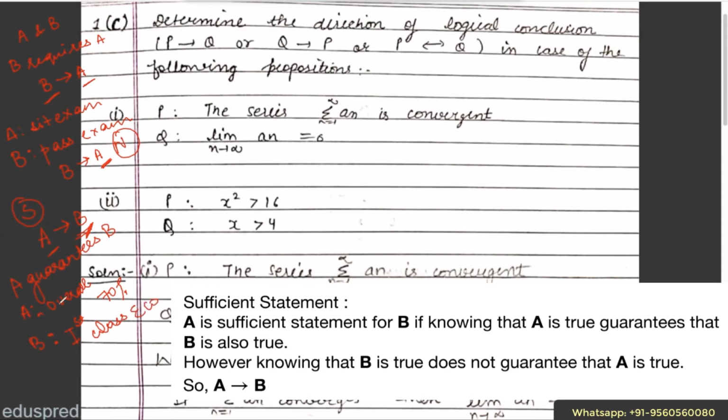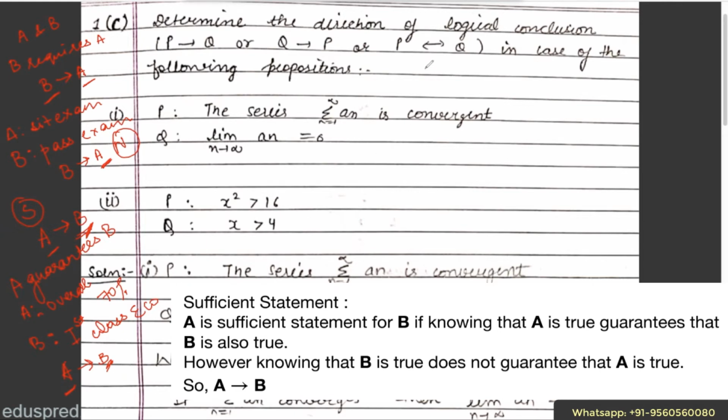Now, achieving an overall percentage of 70% in all your modules that you have studied in your degree means that you will get first class in economics. However, getting a first class degree in economics does not necessarily mean that you achieve 70% in all your modules. So, here A implies B. But vice versa is not necessarily true.